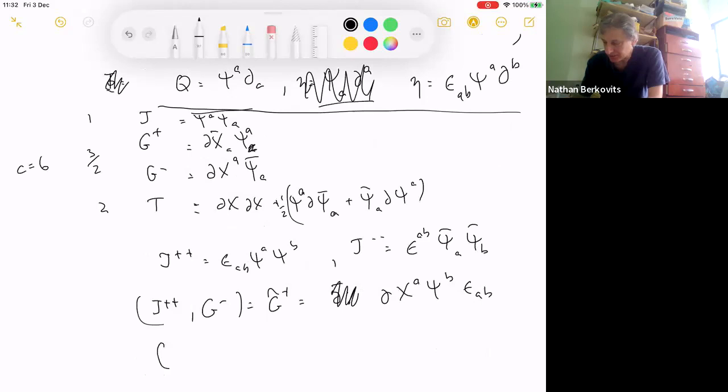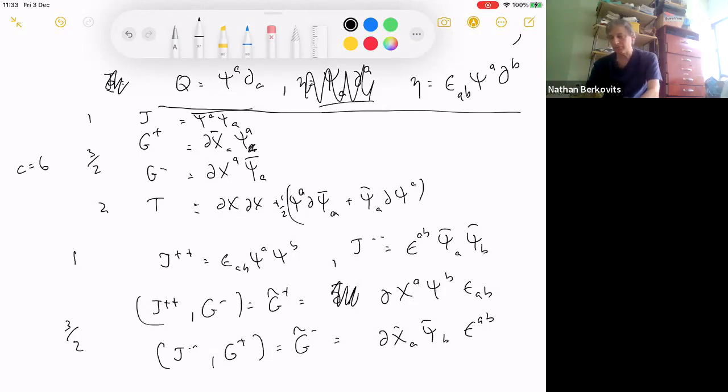And you can also construct, with J minus minus, something called G tilde minus, which is just equal to dx bar a psi bar b. So these generators also carry conformal weight 3/2. And J plus plus and J minus minus all carry conformal weight 1. Any questions?